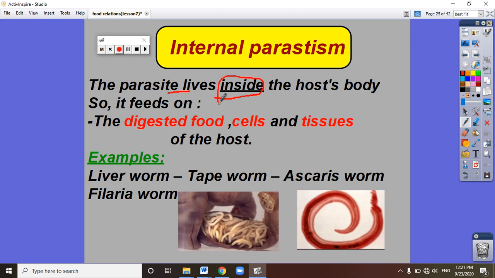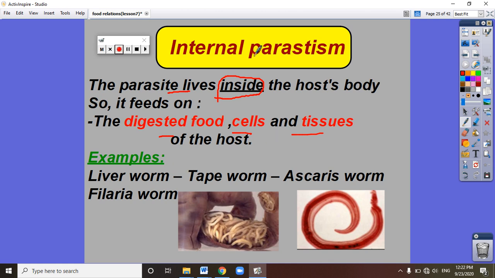It feeds on the digested food, cells, and tissues of the host. One more time: in internal parasitism, the parasite lives inside the host's body and it feeds on digested food, cells, and tissues of the host.